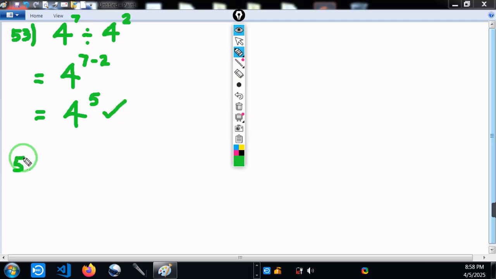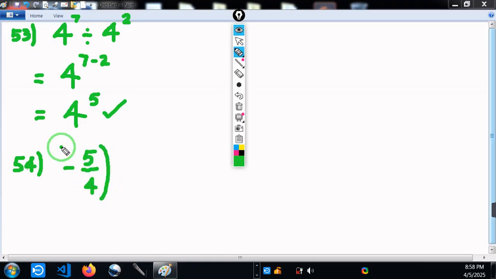4 to the power of 5. The question says minus 5 over 4, the base, then minus 8, minus 3. Minus 5 over 4 to the power of minus 8, divided by minus 5 over 4 to the power of minus 3.